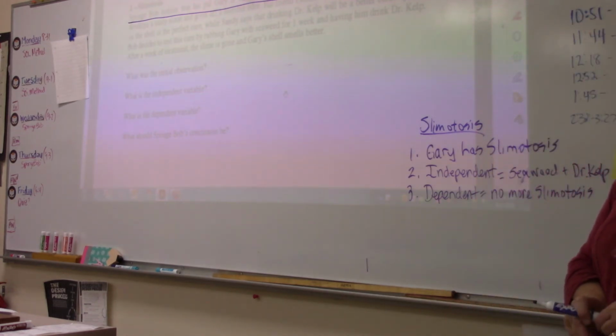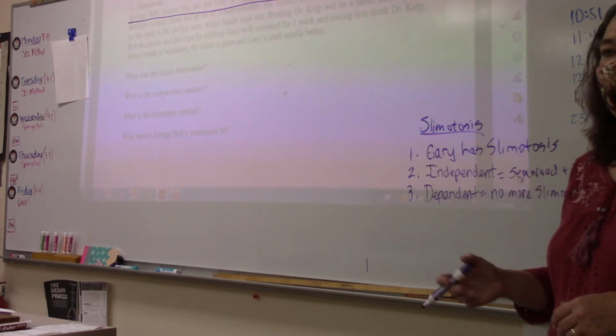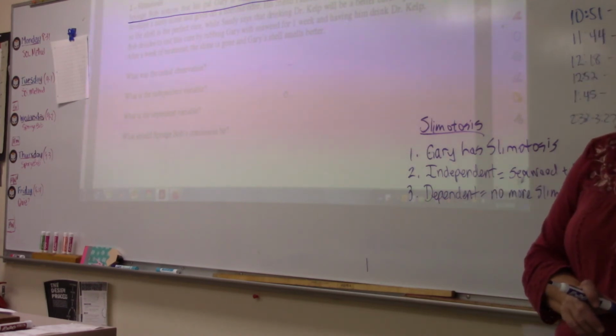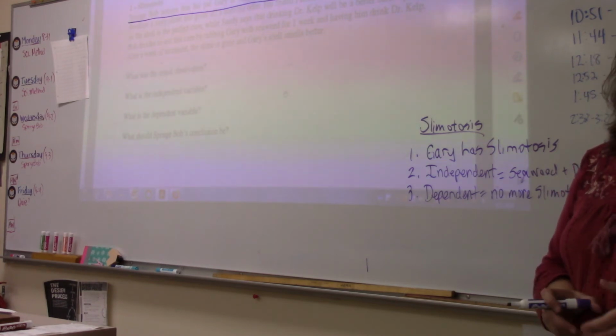This is the difference between qualitative data and quantitative data. What's the base word of qualitative? If I take the suffix off of qualitative, what's the word I have? Quincy. Quality. If I'm describing qualities of things, I'm using my senses.